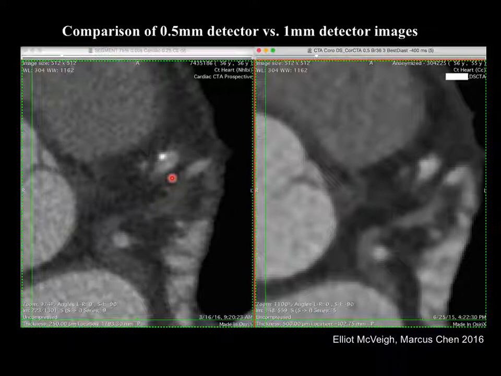And at that point, when each vendor brought out a 64 slice, 1 by 1 by 1 scanner, the sales just took off and usage took off. In fact, the VCT 750, which is the first 64 slice scanner in GE Medical Systems, was their best-selling medical systems product ever.